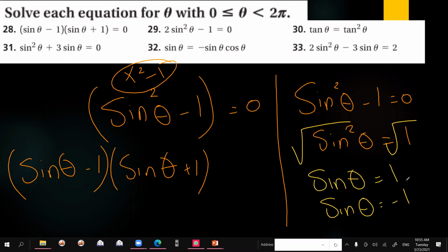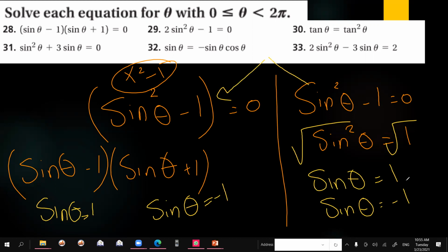And if you solve it by factoring, sine of theta could be 1, and sine of theta could be negative 1, if you put each expression equals 0. So if you solve it this way or this way, you must get the same answer.